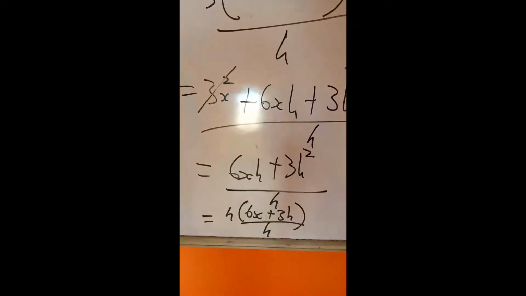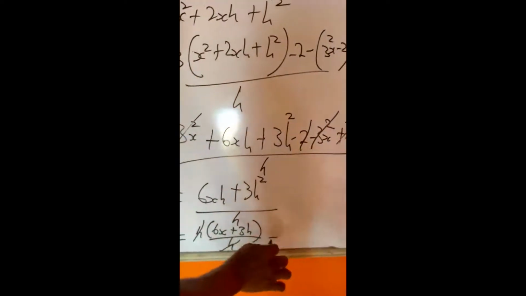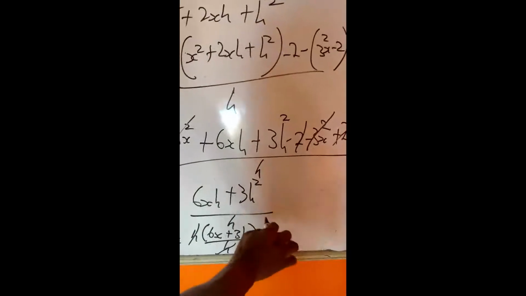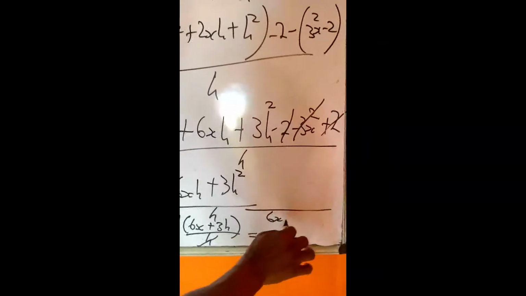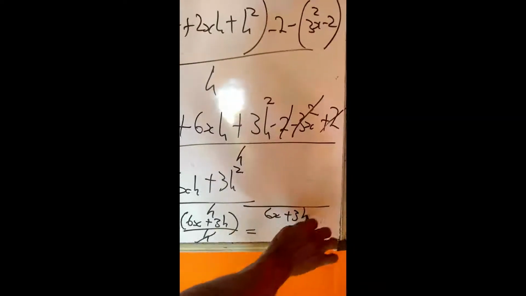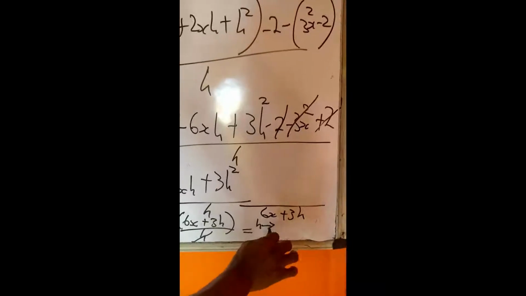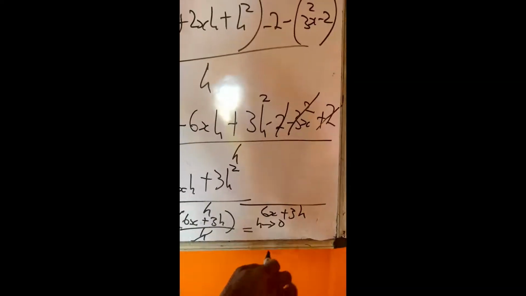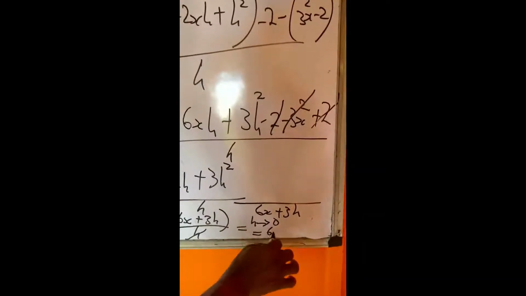So what you have now is that this h can cancel this h. What you have is nothing but 6x plus 3h. When h tends to 0, you now have equal to 6x.